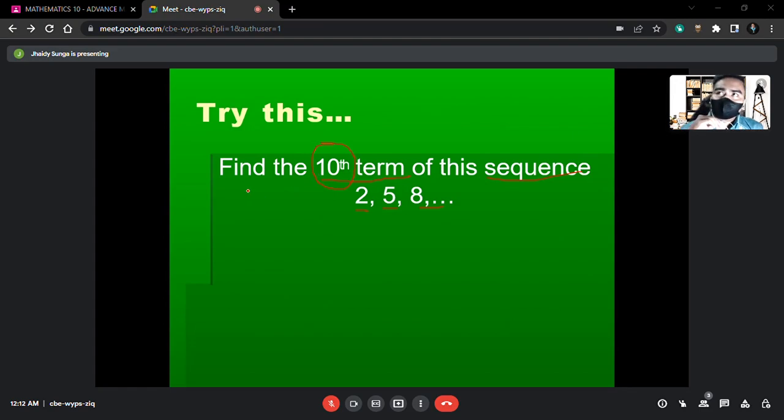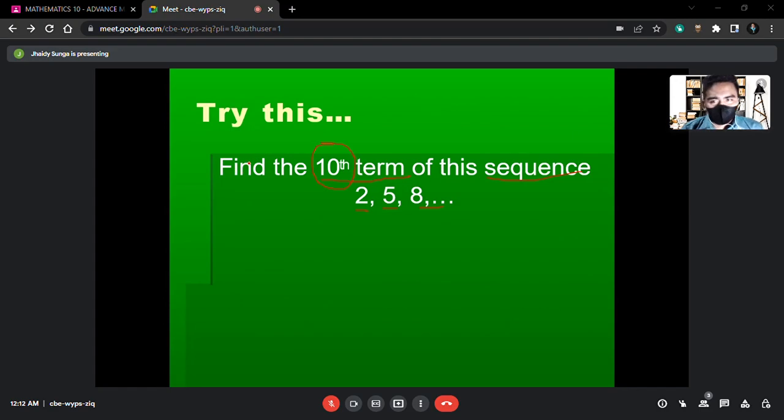So if we look at this sequence, we could see a pattern, right? What kind of pattern could we see in this kind of sequence? So there are 2, 5, 8.